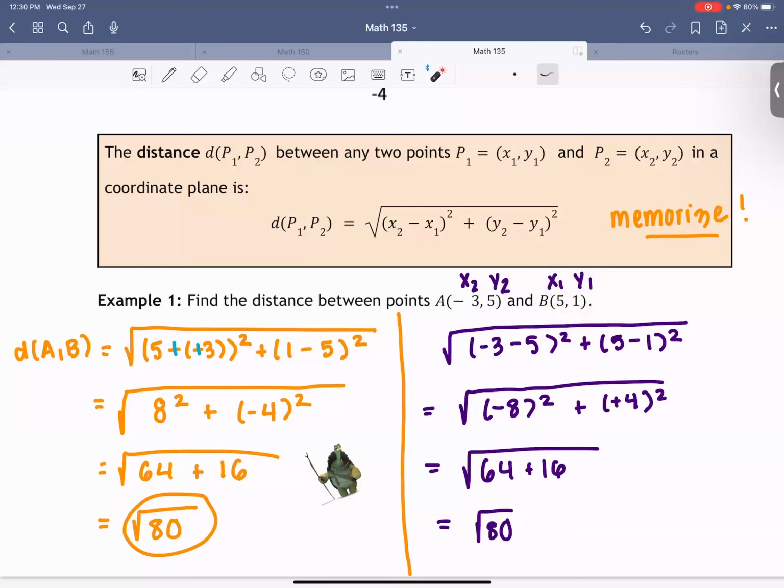What we need to remember is not necessarily what X2 and X1 are called. You just need to remember it's x minus x. Because remember it's x minus x squared plus y minus y squared, and make sure that the points correspond to each other.